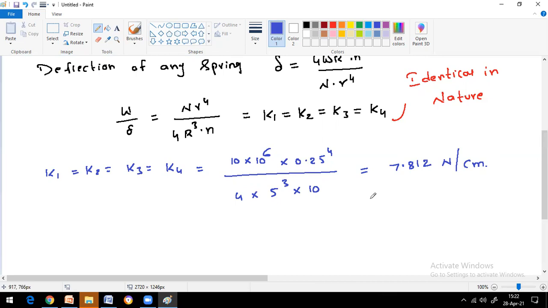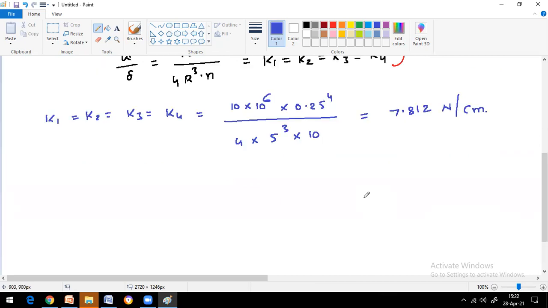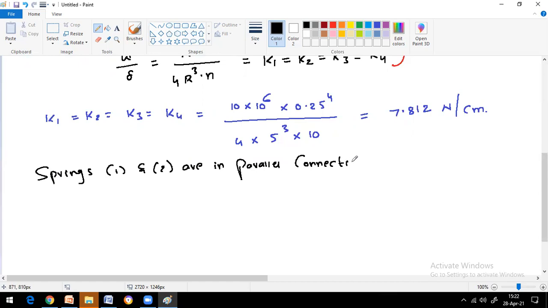Now we have to distribute the stiffness based on series and parallel. Let me write this. Springs 1 and 2 are in parallel connection, and springs 3 and 4 are in series connection.